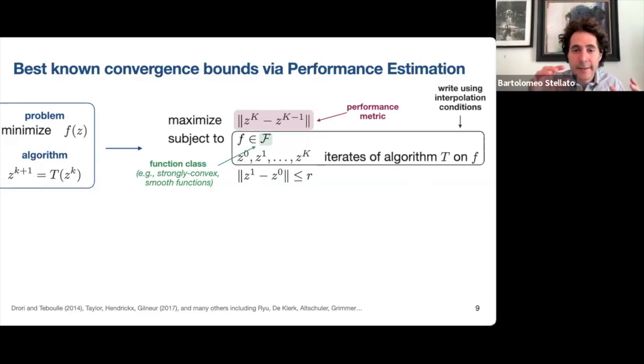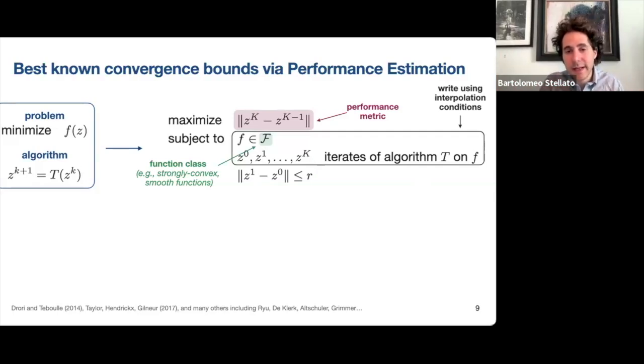And to do that, there's a beautiful theory on using this interpolation condition that allows you to represent the functions, which are in an infinite dimensional space, just at the interpolated points, which are represented by these iterates z0 to zk. And I'm not going to go into the details because it's not exactly what we are doing here.